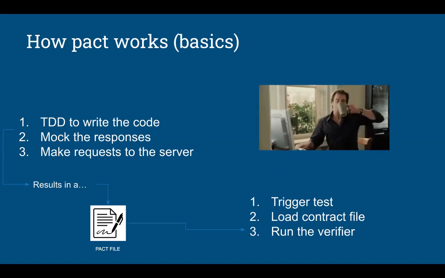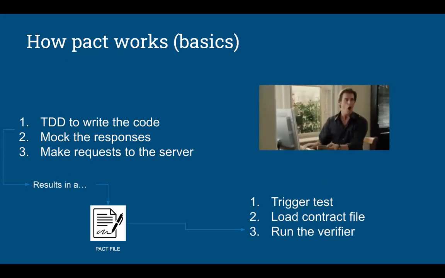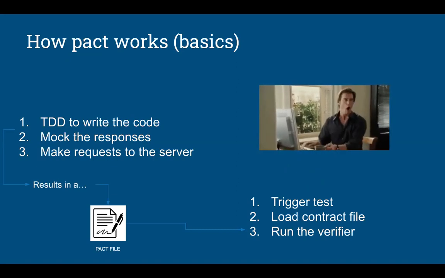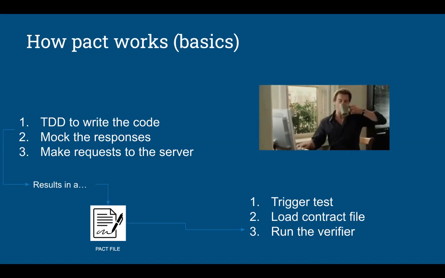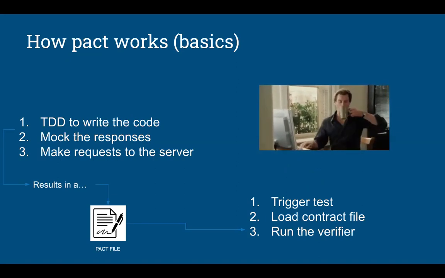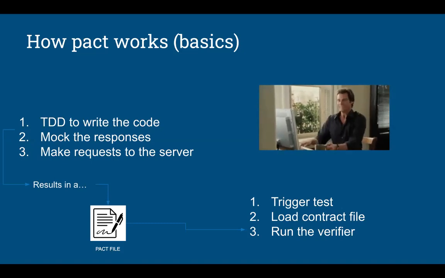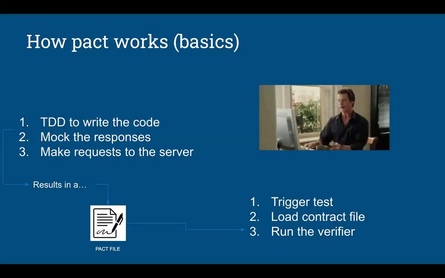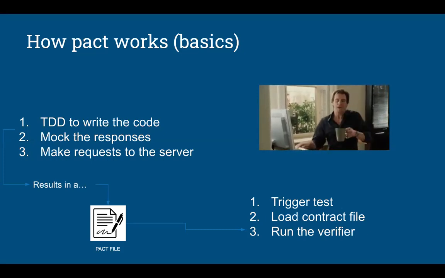The Pact file is then pushed up to the Pact broker, which can verify the version and show you the different scenarios. Then the provider can pull down the contract, trigger the test, and verify that the contract matches the code that they have written.